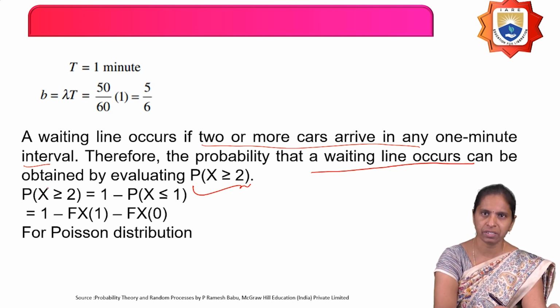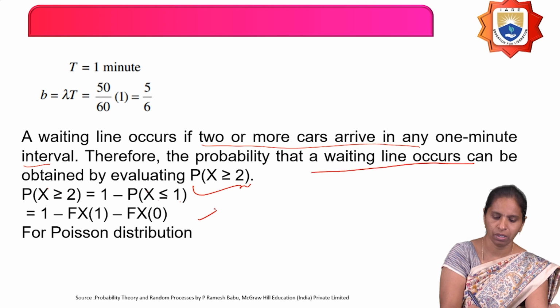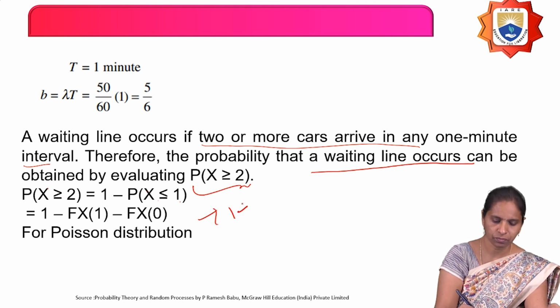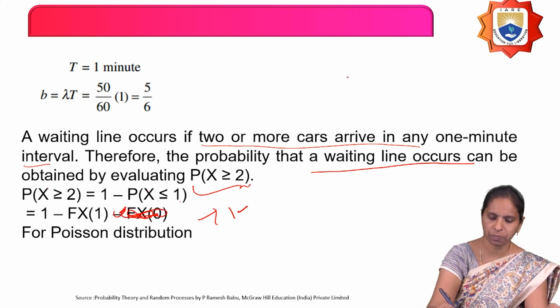How can you write P of X greater than or equal to 2? It is 1 minus P of X less than or equal to 1. That equals 1 minus Fx of 1, because P of X less than or equal to x is nothing but Fx of x.